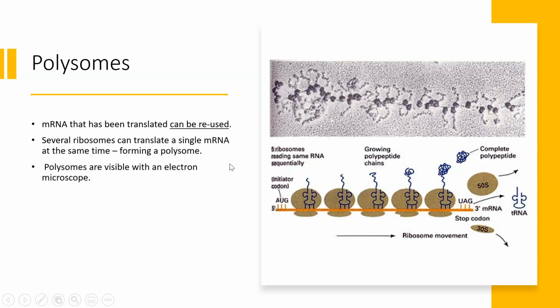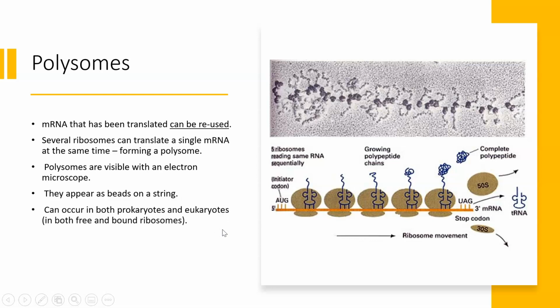Okay, and we call that polysomes, because when you look at this, the micrograph image, you can see that it looks like a bead of beads on a string. Okay, and that's because there's several ribosomes working there, creating their own polypeptide chains.